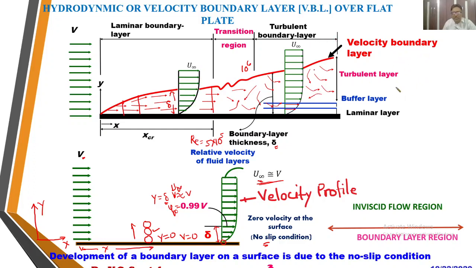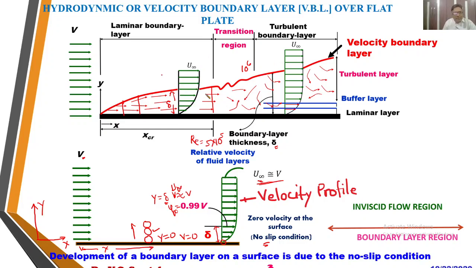And as we have discussed, this velocity boundary layer divides the flow field into two regions. Below this velocity boundary layer, there exists a velocity gradient, and above it is the free stream region or inviscid flow region, where no velocity gradient exists and the free stream velocity is almost equal to the approach velocity.